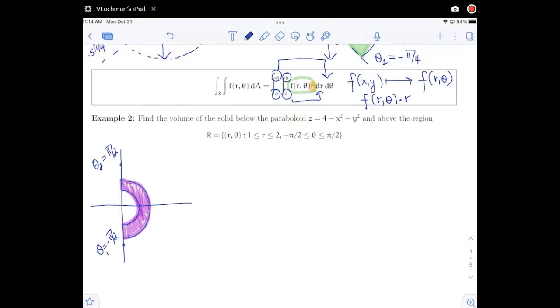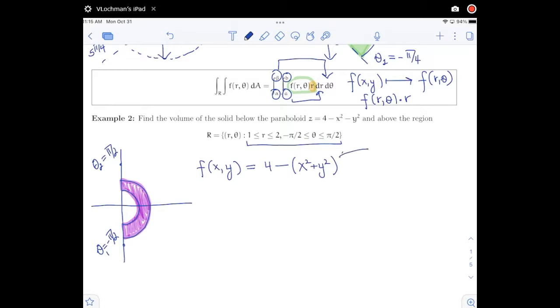Now what do we do? We have our limits over here. We're going to plug them into the integral eventually, but first things first, let's rewrite our function in terms of r and theta. Our z, the function of x and y, is 4 minus x squared plus y squared.